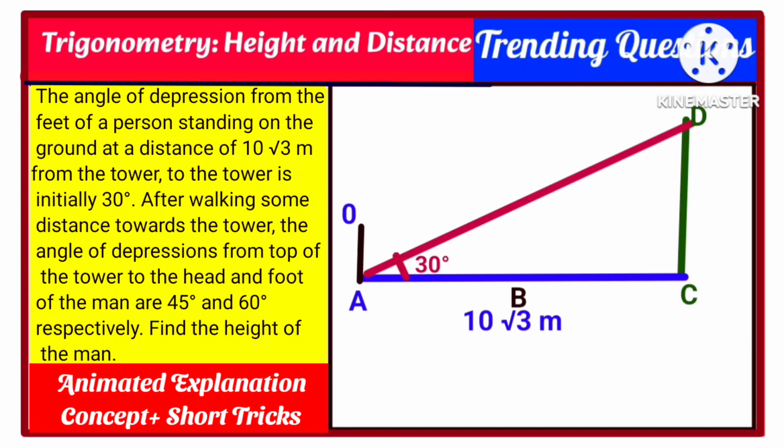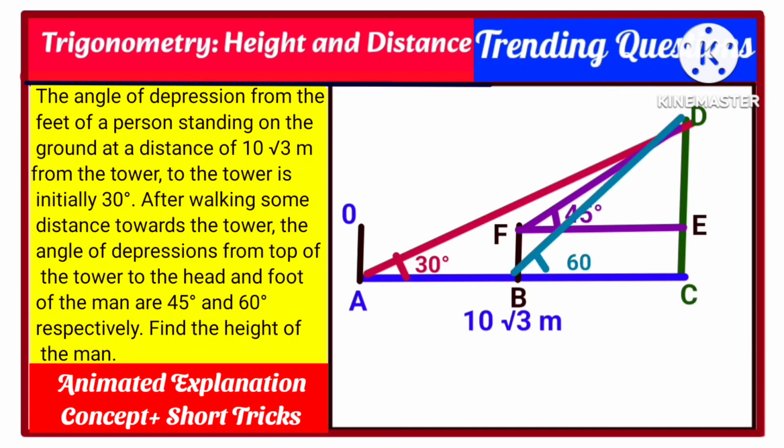Now it is said, if the man moves towards the tower, say he is moving till the point B, then at that particular point the angle of depression from the top of the tower to the head of the man is 45 degree and the angle of depression at that point from the top of the tower to the foot of the man is 60 degree, and you are asked to find out the height of the man, and that can be represented by OA, that is equal to AB equal to EC.